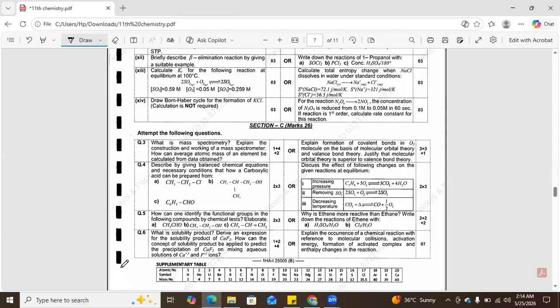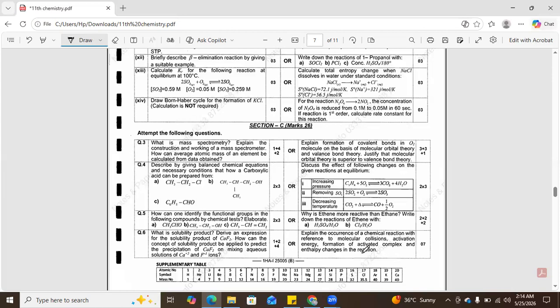Derive an expression for the solubility product of CaF2. How can the concept of solubility product be applied to predict the precipitation of CaF2 on mixing aqueous solution of calcium ion and chloride ion? Optional question is explain the occurrence of a chemical reaction with reference to molecular collisions.